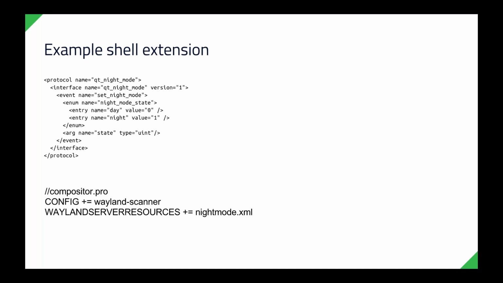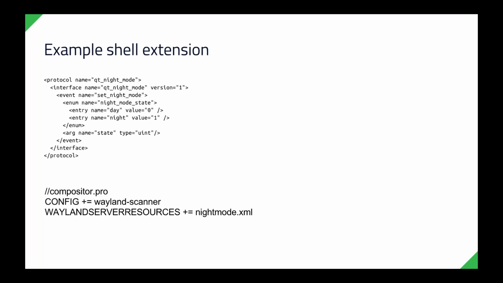So here's a very simple example of how a protocol can look. In this case, it's the example I mentioned earlier. Maybe you want your compositor to be able to tell your clients to switch between day and night mode, so you won't get a white glare in your eye if it's really dark.